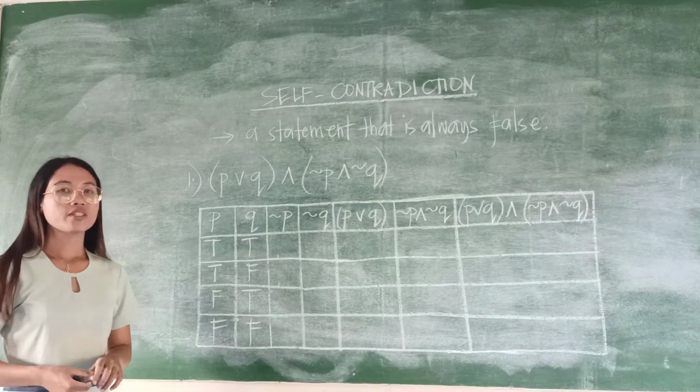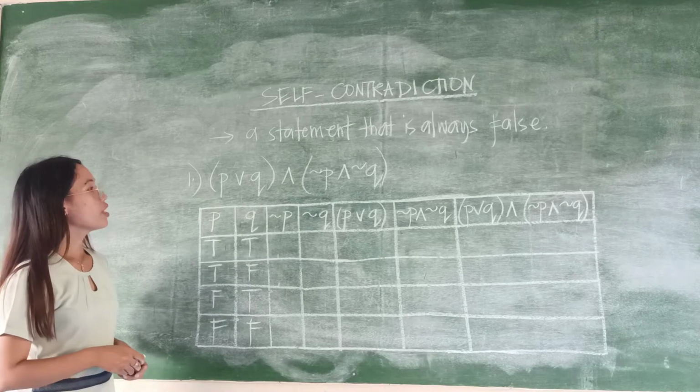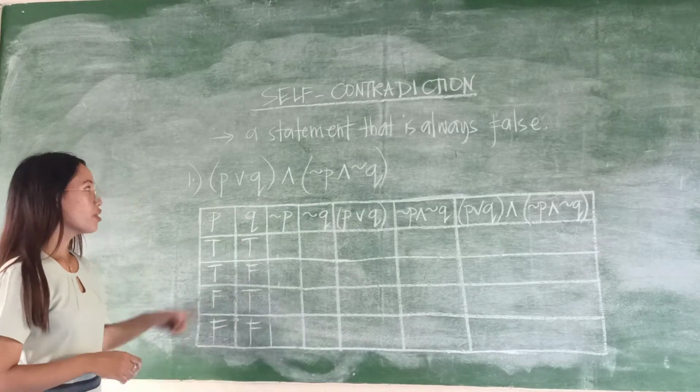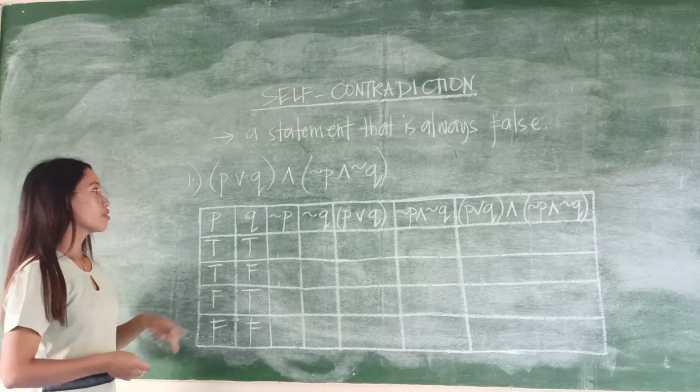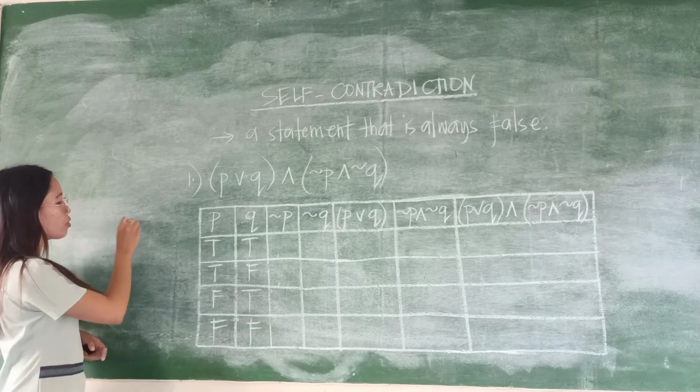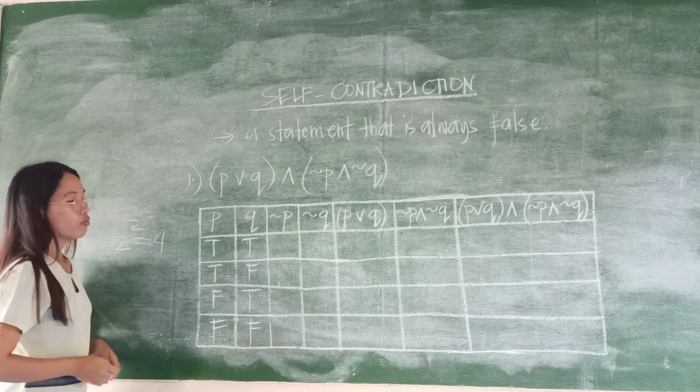Another example for self-contradiction, P or Q and negation P and negation Q. So in this example, we have two statements, P and Q. So our number of rows will be 2 to the power of 2 equals 4.